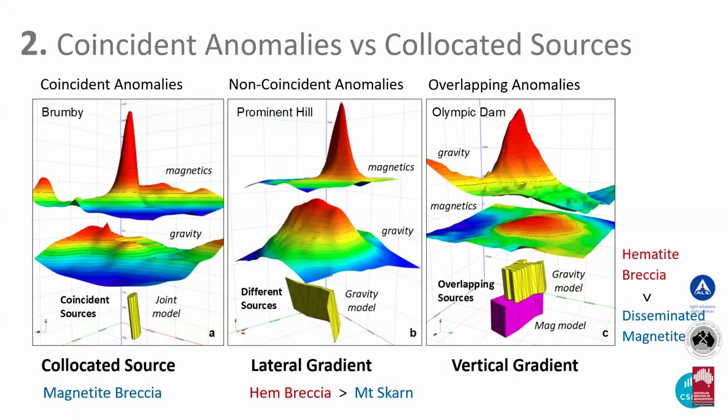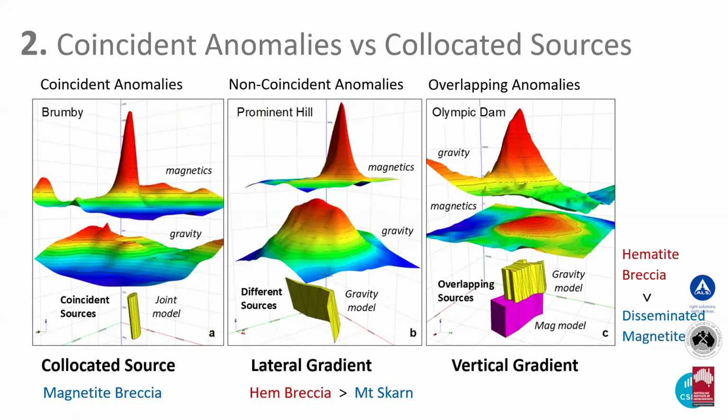What you can see here is a joint model, which basically fits the gravity field and also fits the magnetic field simultaneously. So it's a coincident source, and that means you've got magnetite. That's pretty obvious.